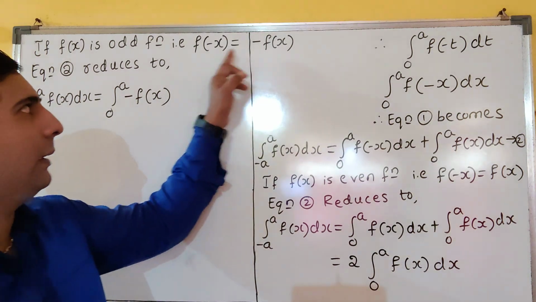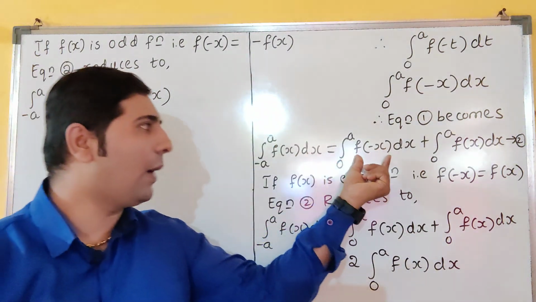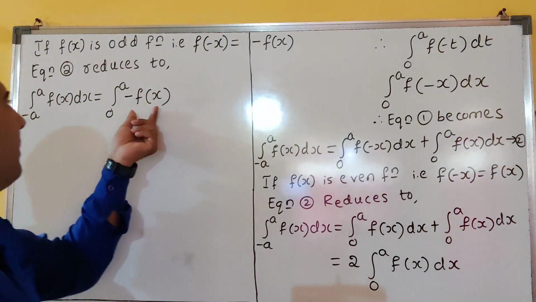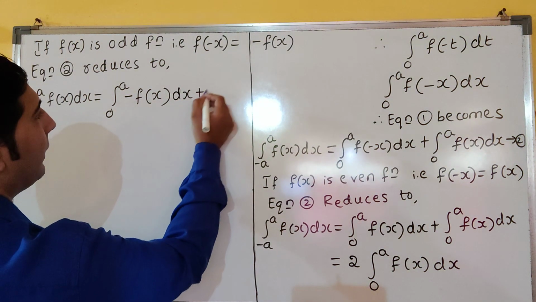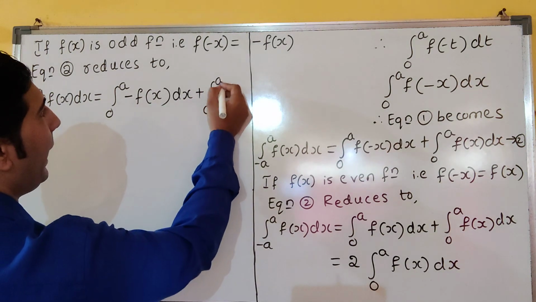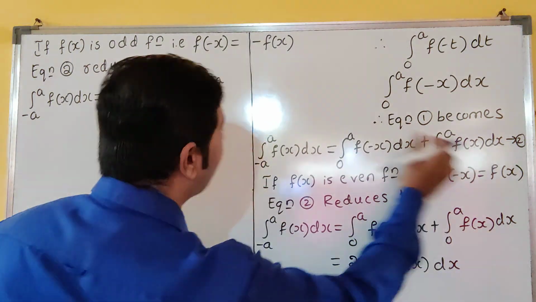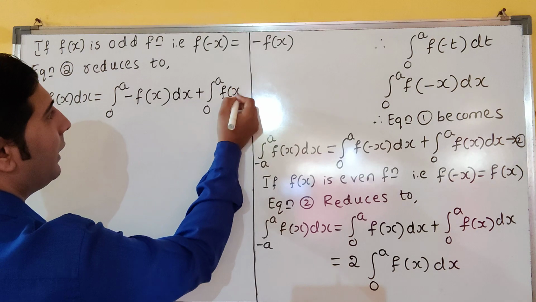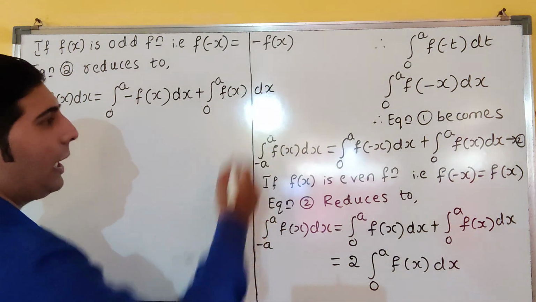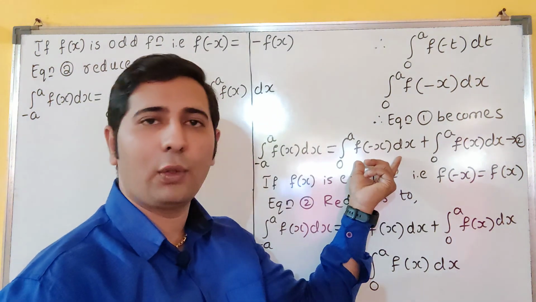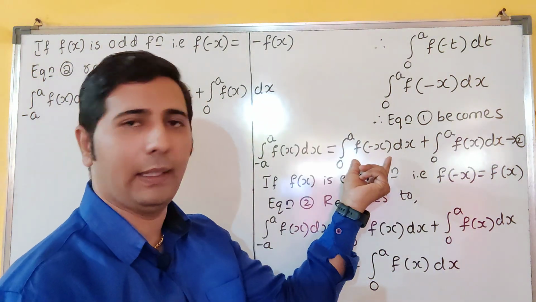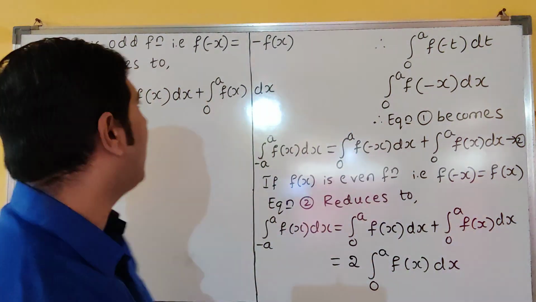Odd function means minus f of x. f of minus x has become minus f of x into dx, plus integration 0 to a f of x as it is, you write, into dx. In equation 2 I am substituting minus f of x for f of minus x. Understood?